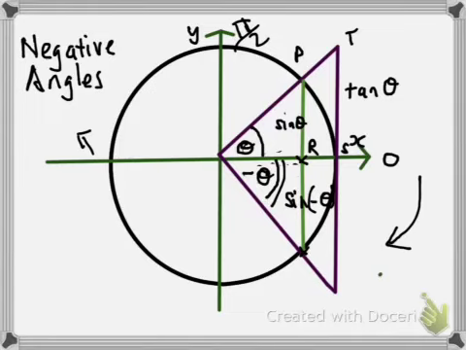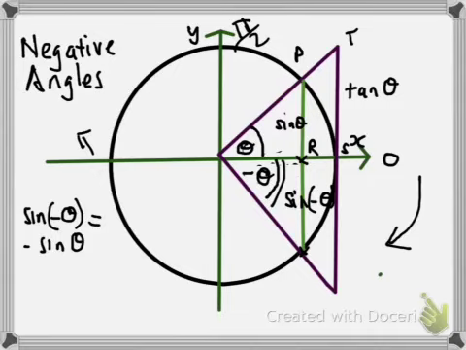So we can say that the sine of negative theta equals negative sine theta.